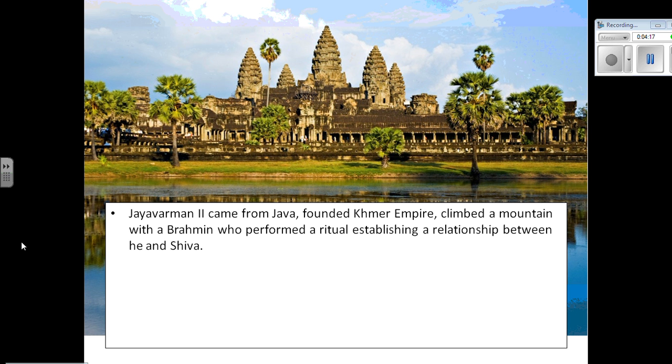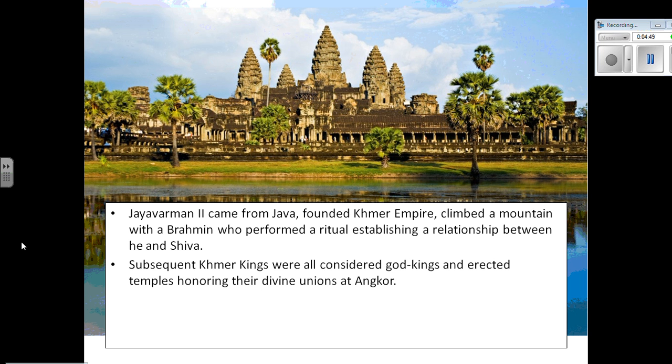And he has this story that may or may not be true: he is said to have climbed a mountain with a Brahmin, or a Hindu priest, and at the top of this mountain, the Brahmin performed a ritual linking Jayavarman to the god Shiva. So Jayavarman was now Shiva's representative on Earth, and in a way, even Shiva incarnate.